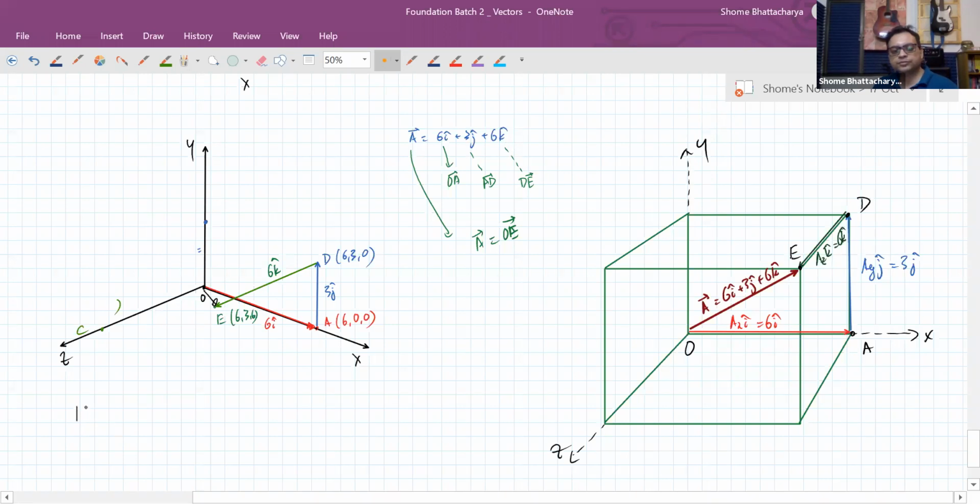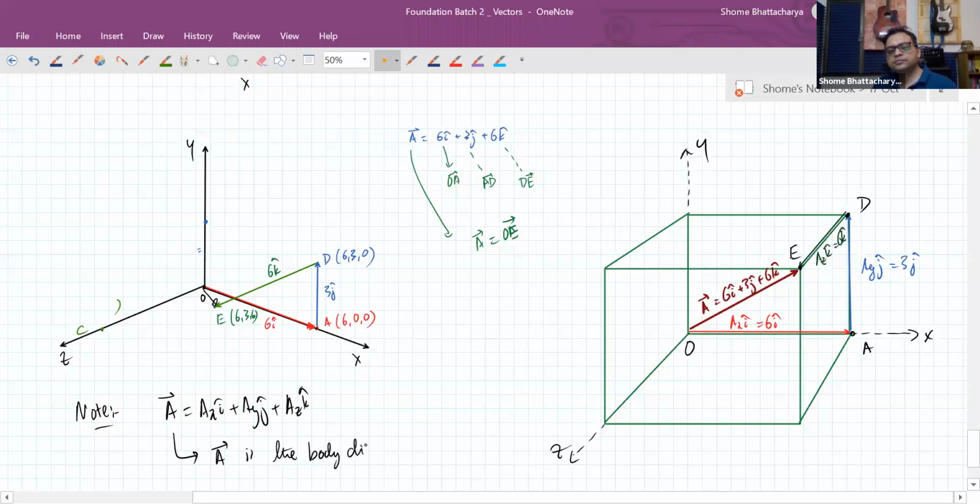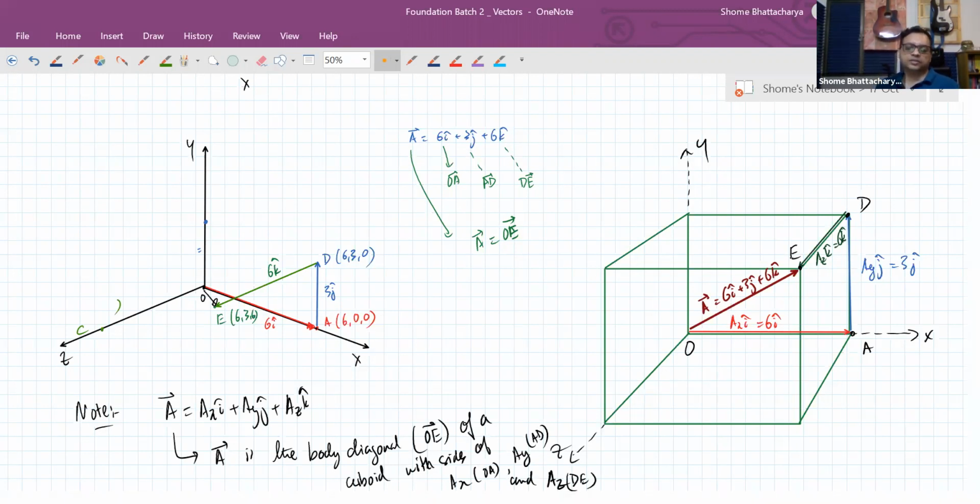So to visualize this vector, just understand that the vector A is the body diagonal, which in my diagram is OE, of a cuboid with sides AX, which was OA, AY, which was AD, and AZ, which was DE. This kind of thing is the visualization of it.